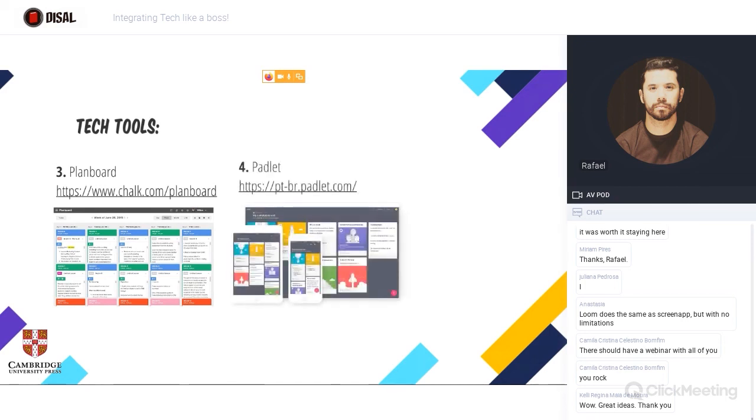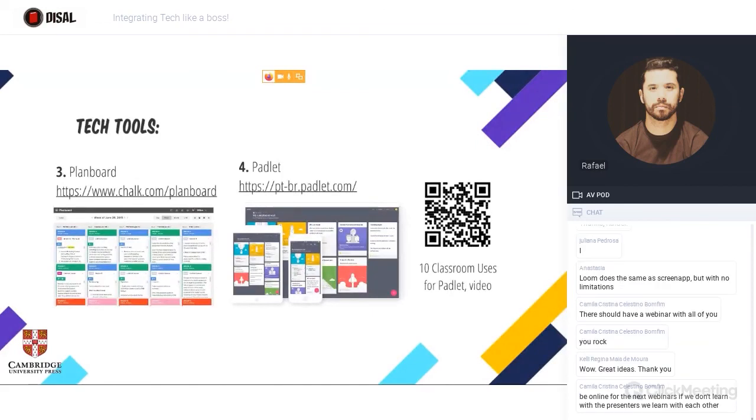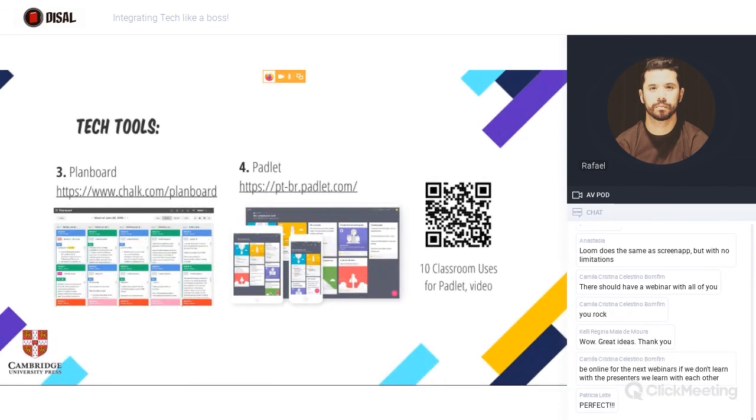Something super cool. My example number 4 is Padlet. I'm sure most of you know that. I decided to keep Padlet on my list just because it is a super cool thing, and also in case some of the teachers didn't have the chance of using Padlet before.